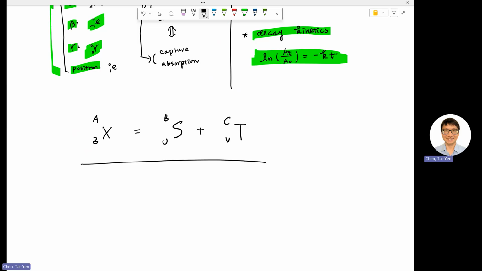We should know that this will always be true: if you look at the mass numbers, the mass number sum of your reactant must equal the mass number sum of your product. Similarly, the proton number sum of your reactant must equal the proton number sum of your product as well. So this must be true.